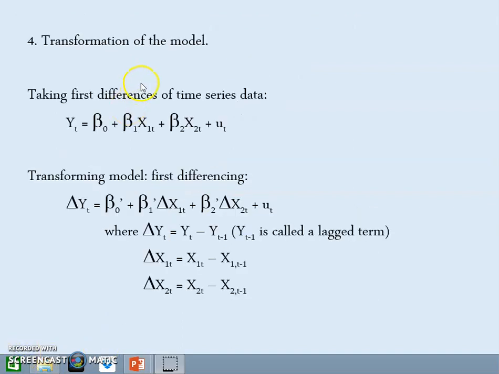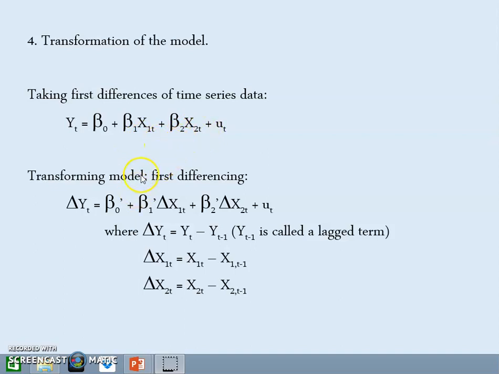Fourth is a transformation of the model. Suppose we have y on x1 and x2, x1t and x2t. We might expect that x1t and x2t are highly collinear.